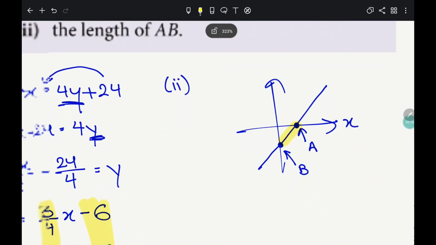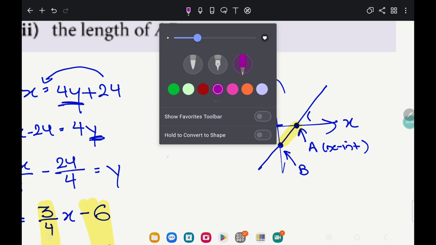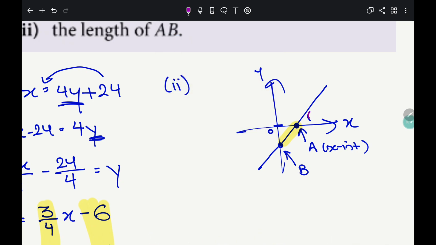Now notice that A is an x-intercept. At that point, the y value is 0. I don't know what the x value is, but I know y is 0.